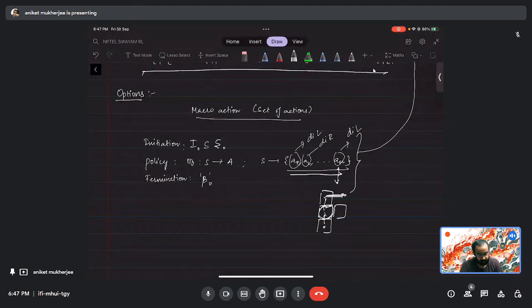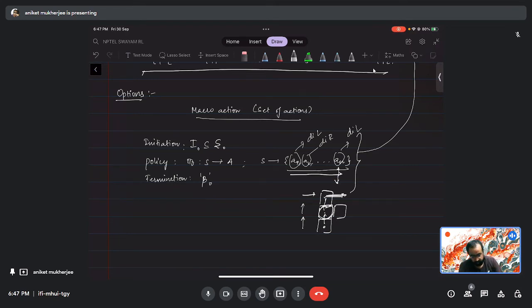So your actions would be to go up 1 step, go up 1 step, and then go left 1 step. And then you stop, and then you reach a new state. So the initiation states also differ for horses, and it depends on what initiation states you have for the horse to start taking your option.